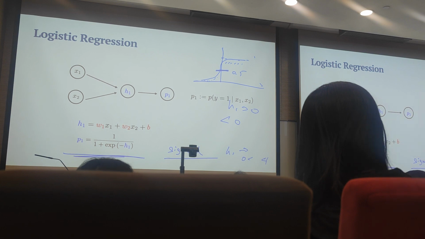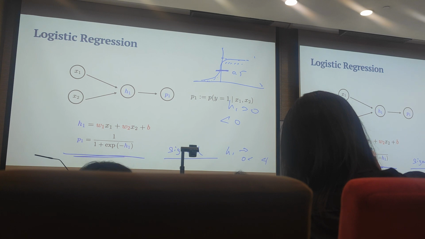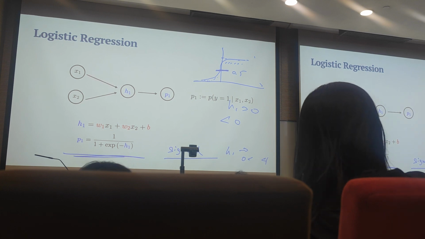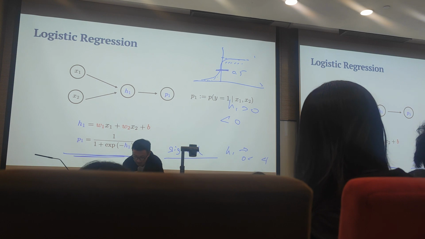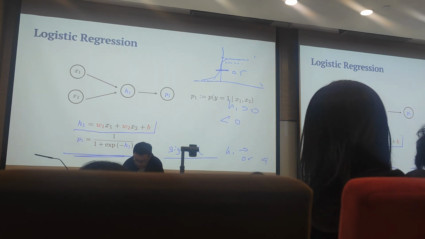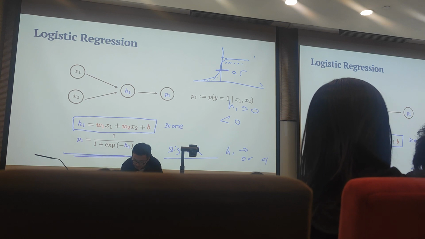There is actually a very subtle difference between using the sigmoid function and using the softmax function for binary classification. For the sigmoid function, you only compute this one score. Let's say this is the score for class 1.